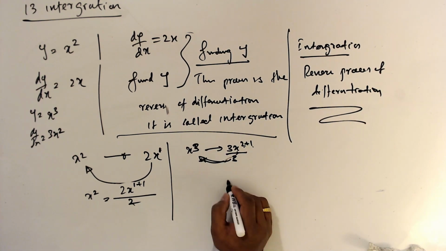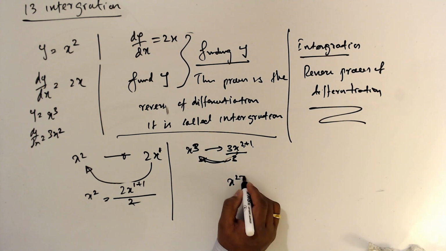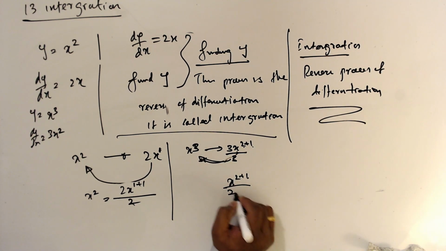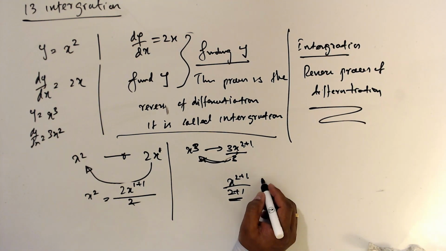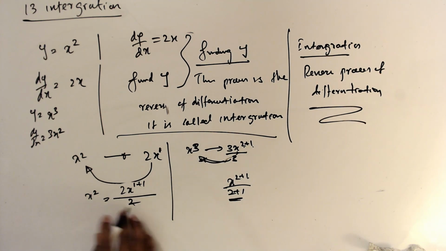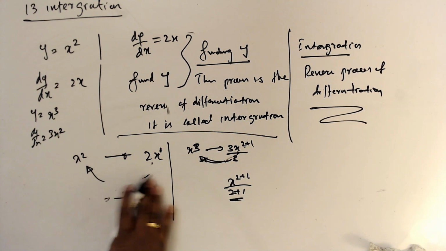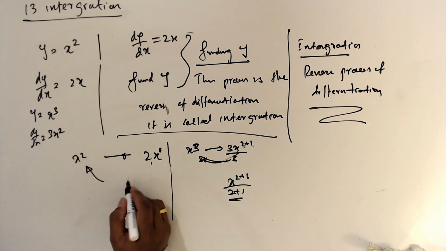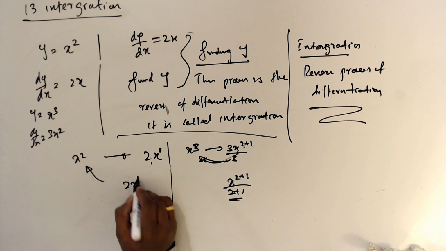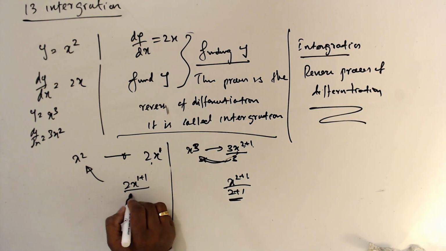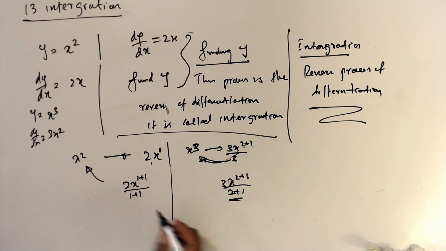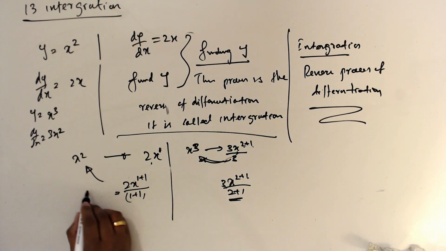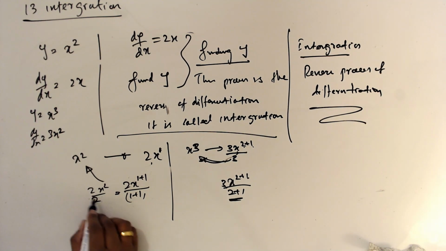Basically you have x square, you add 1, 2 plus 1, and divide by 2 plus 1. So actually this is x cube.